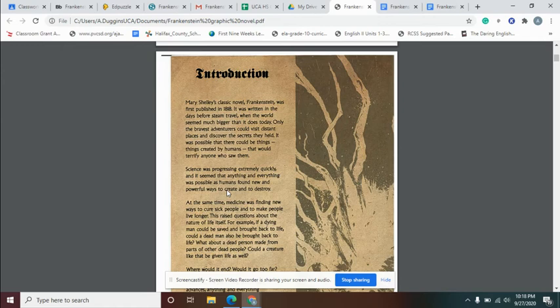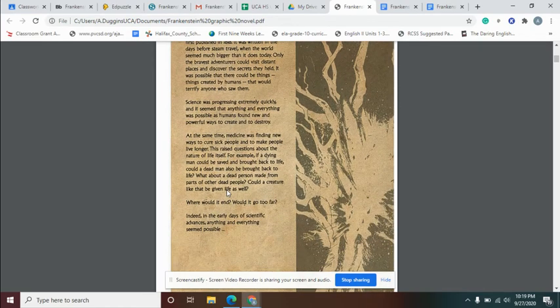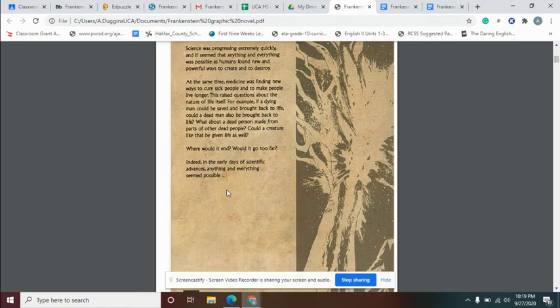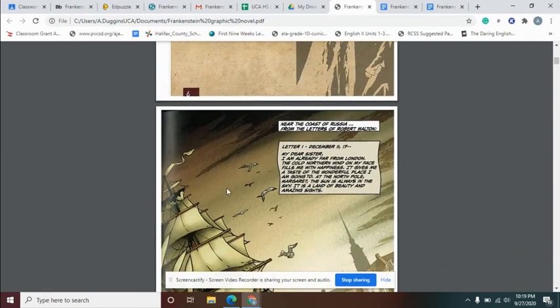They were discussing the ethics of science and how this advancement and progress was being made. Like, what would be considered too far, and could anything be considered too far in the name of science? So she puts those questions into her book. So back to the graphic novel.